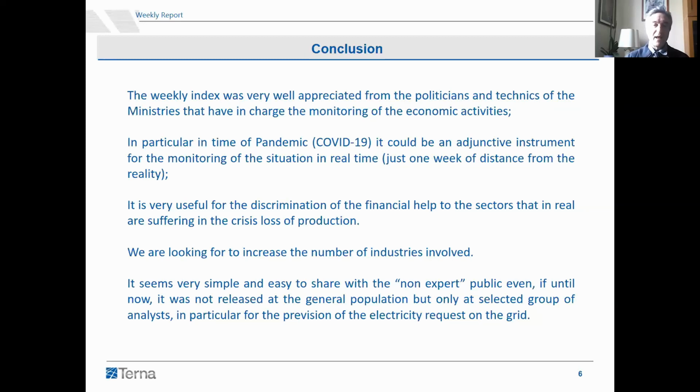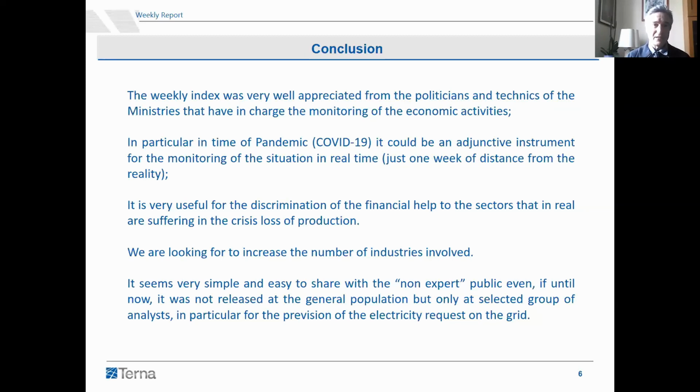In the first period, during the first wave of the pandemic, this index was not released to the public, but used just for the government and the high-level people of Terna, the TSO in charge of the management of the electricity grid.